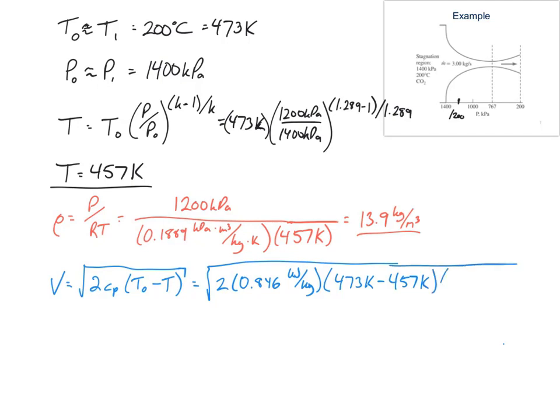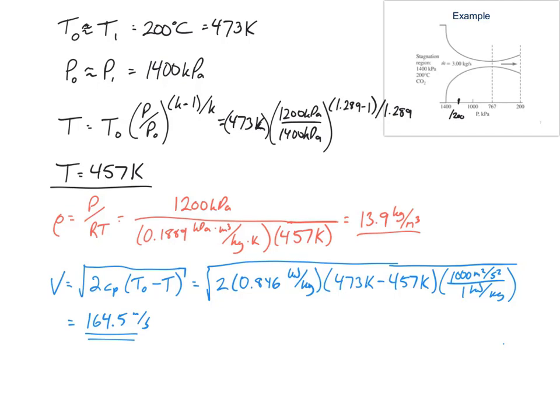Then we do our little conversion, 1000 meters squared per seconds squared per 1 kilojoule per kilogram. If we calculate that out, we come up with 164.5 meters per second. That's our velocity at that state.